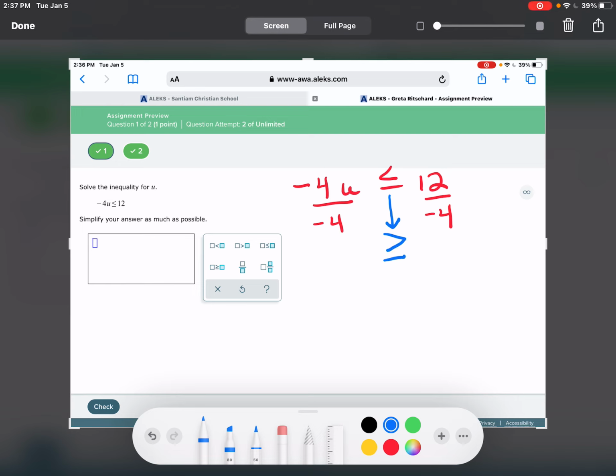It helps me to remember and just feel good about the fact that I remembered to flip the sign. This canceled nicely, so I have u over here, and over here 12 divided by negative 4. Positive divided by negative is going to give me a negative. So I have u is greater than or equal to negative 3.